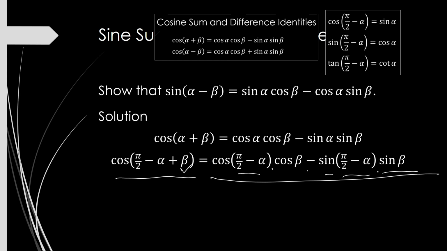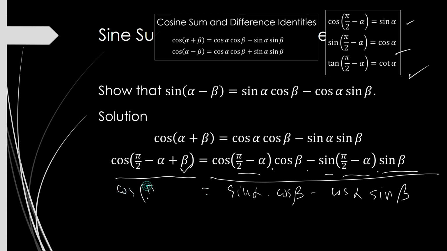Now, this is where our cofunction identities will come in. Cosine of pi over 2 minus alpha is just equal to sine of alpha. And look at this. Sine of pi over 2 minus alpha is equal to cosine of alpha. So we are almost there. We are almost at our identity except this.